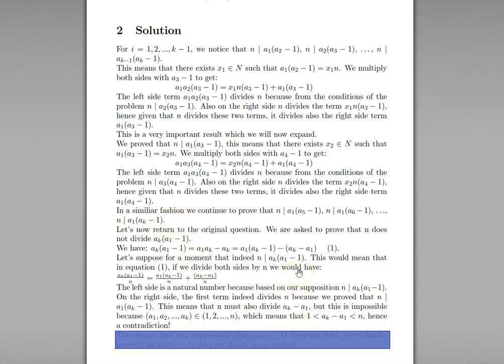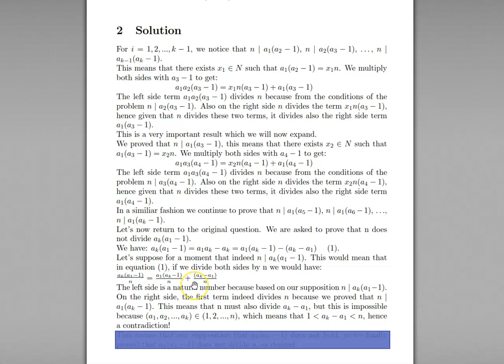So this means that in this expression, from these three terms, two of them divide n. So we have the left side term divisible by n, and one of the right side terms divisible by n. This means that the difference of these two numbers will be a multiple of n.